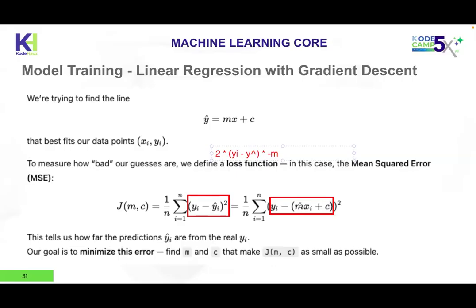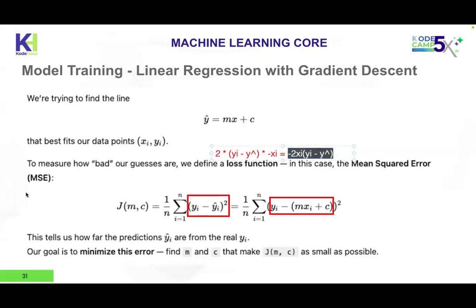C doesn't depend on m, so it's 0, so it goes off. So all you have left is, sorry, minus xi. So this gives you minus 2xi into yi minus y hat. And that is the derivative, minus 2xi into yi minus y hat.